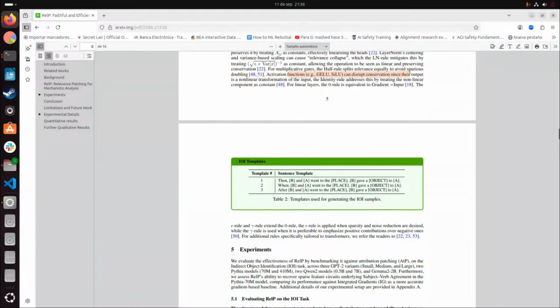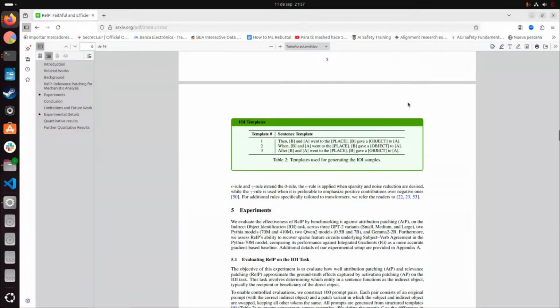Nonlinear functions can disrupt conservation since their output is not linear in the input, and they treat the relative between the nonlinear component as constant. I don't know what that means either, but okay. Zero risk going to the gradient. Yeah, I also don't know what the gradient multiplied by input thing is.